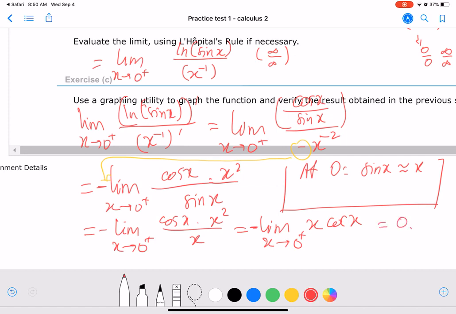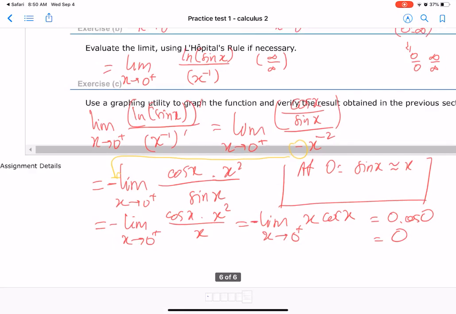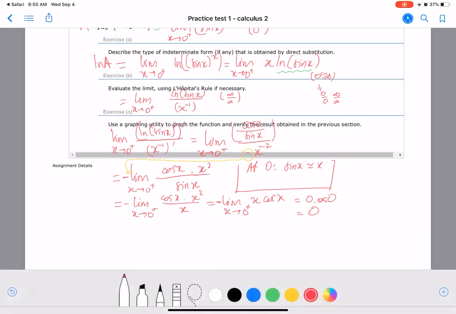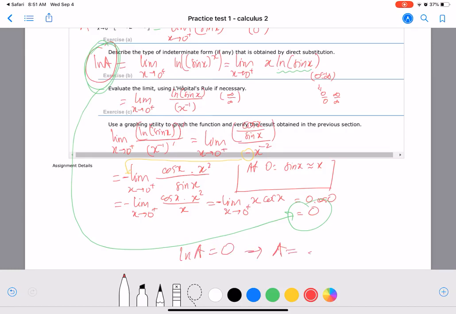And that is just 0 times cosine 0, which is 0. So finally, we found that ln of a is equal to 0. From here, you get a equal to e to the 0, which is 1.